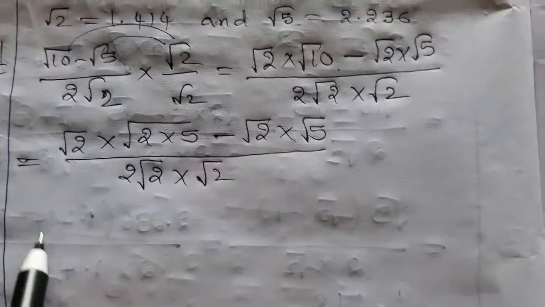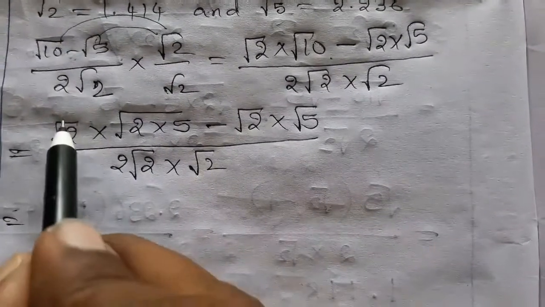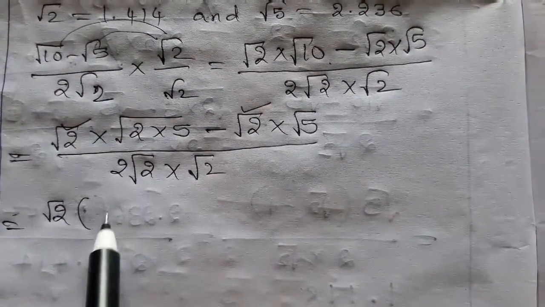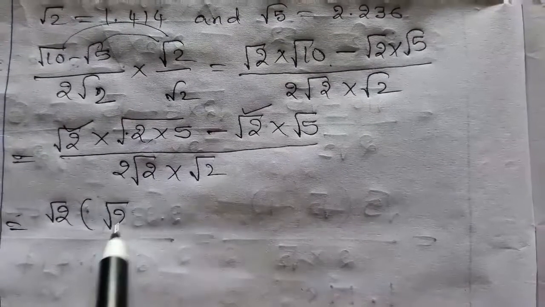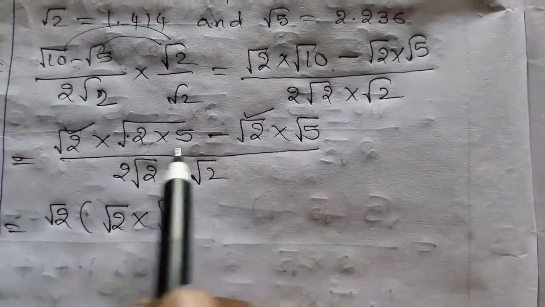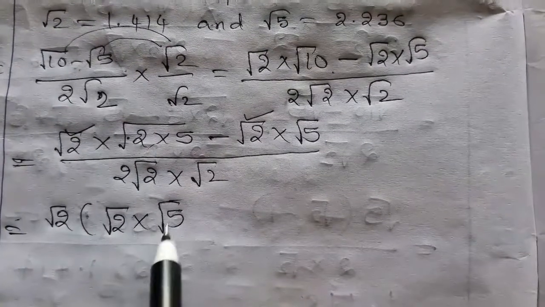Now bring out the common root 2. Root 2 into root 10 can be written as root 2 into root 2 into root 5, using the formula root of a into b equals root a into root b.